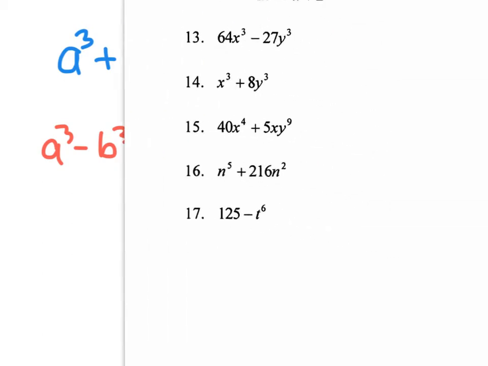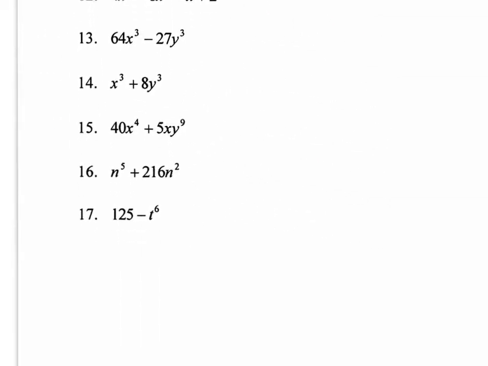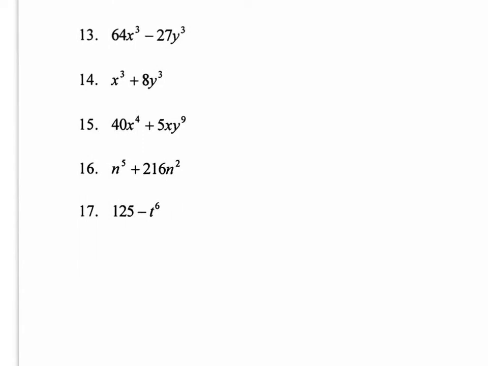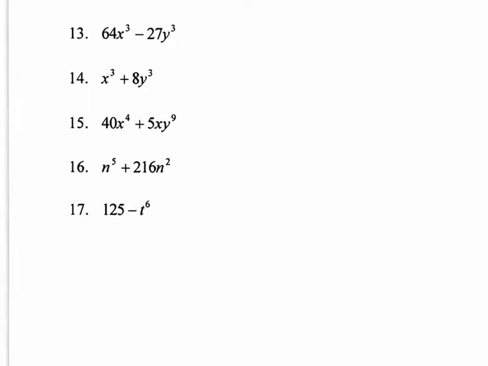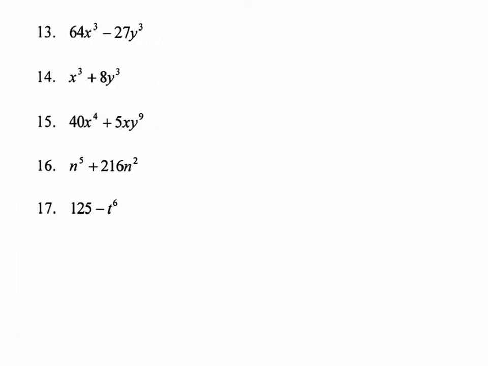Let's go back to the homework. Let's take a look at, for example, number 13. Our formula is going to be the difference of two cubes on this one. Once again, we need it to look like a cubed minus b cubed.